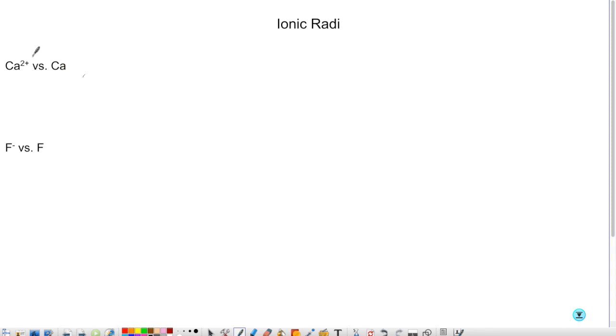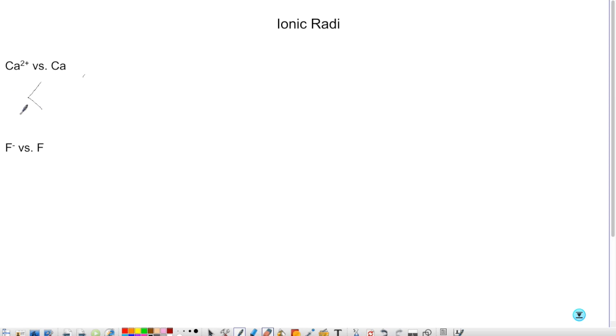So calcium ion has lost 2 electrons, which means that there won't be as many remaining electrons, and electrons don't want to be near each other. They repel each other. So if you have fewer electrons, the electrons are actually able to get closer to the nucleus. So that means that a cation should be smaller than the element itself.